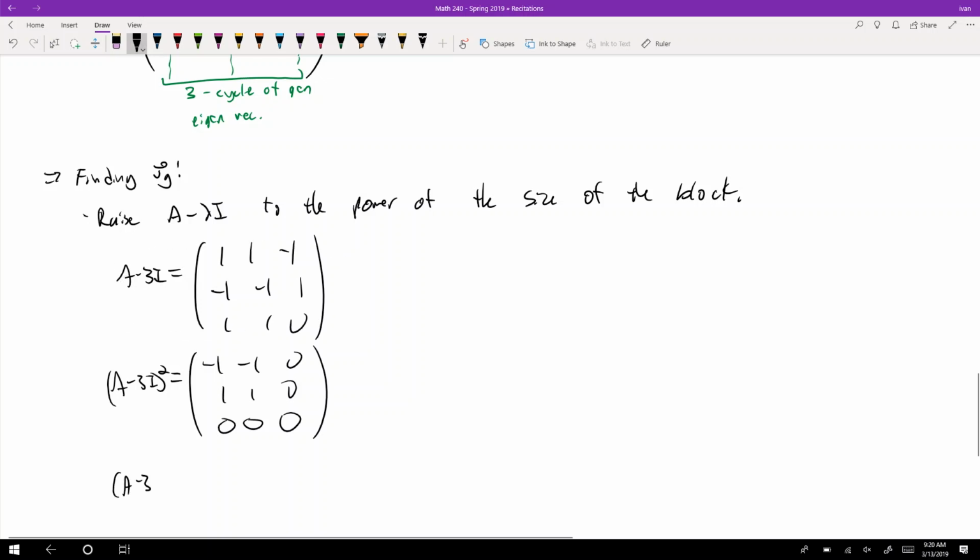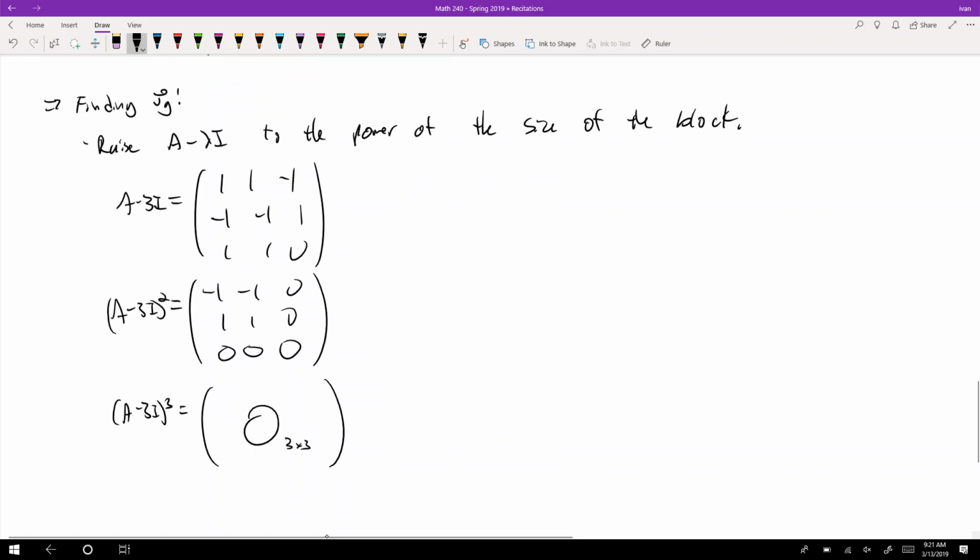And then A minus 3I cubed is equal to just the 0 matrix, and we're not going to write out all of the entries there. So that's the first step. What do you do after you've raised A minus lambda I to the size of your block? Well, VG needs to satisfy some conditions.